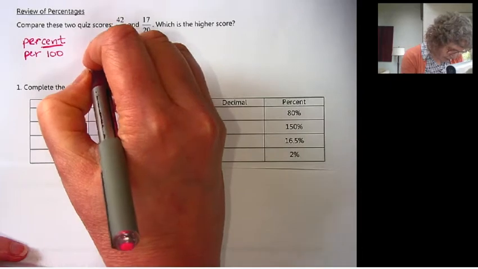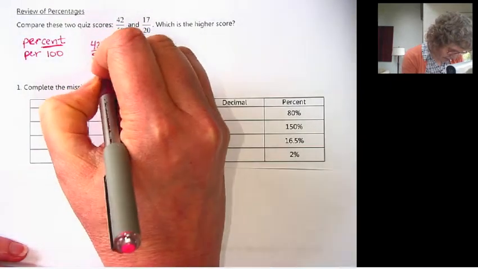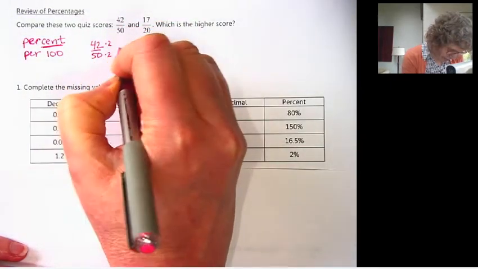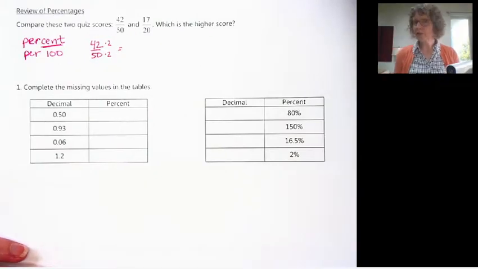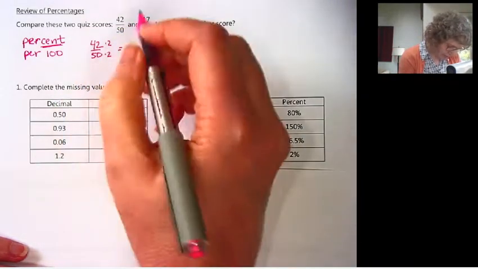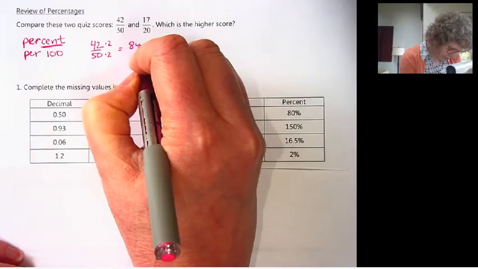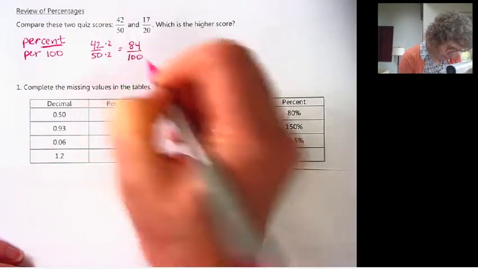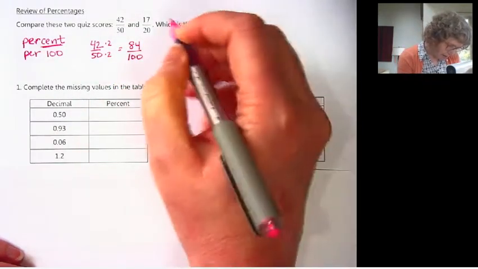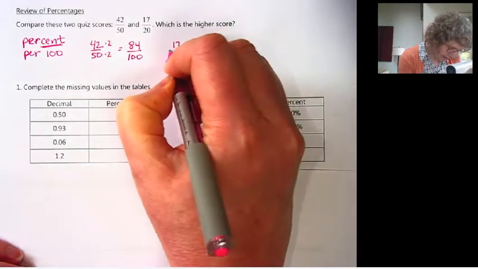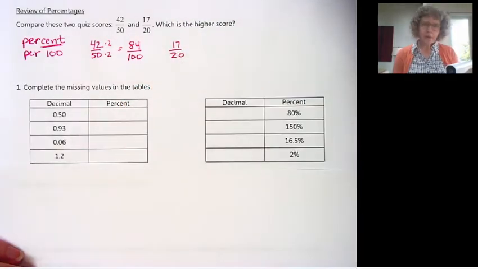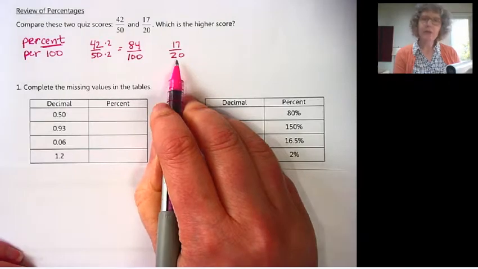Now, 42 out of 50, if we multiplied both of those, numerator and denominator, by 2, we could get this out of 100. So that would be 84 out of 100. The other score, 17 out of 20, what would we multiply the bottom by to get 100?